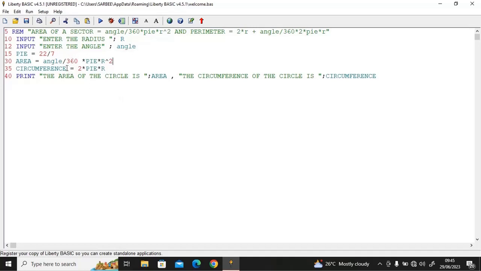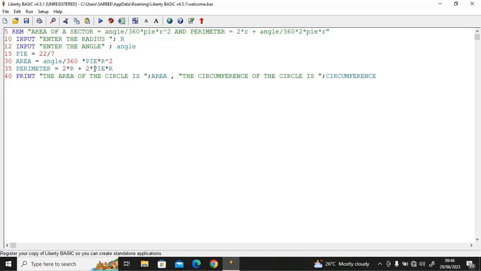So the perimeter of a sector now changes. The perimeter will be 2r, that is 2 times radius, plus the length of an arc, 2 times pi times r. This is the formula.